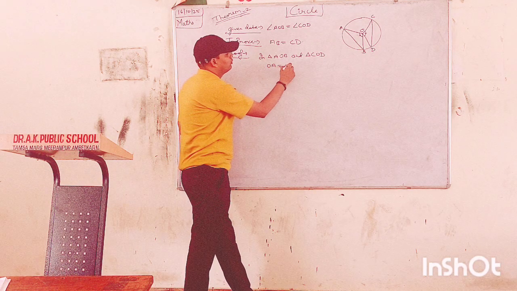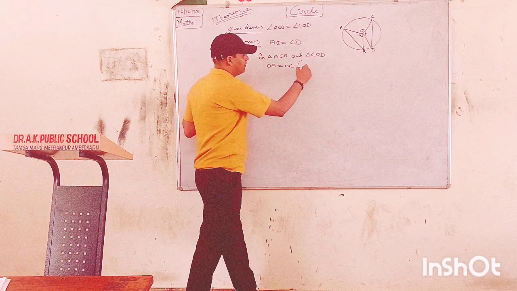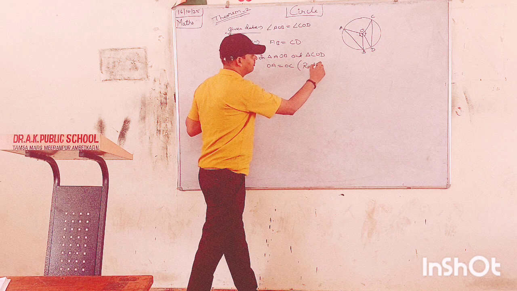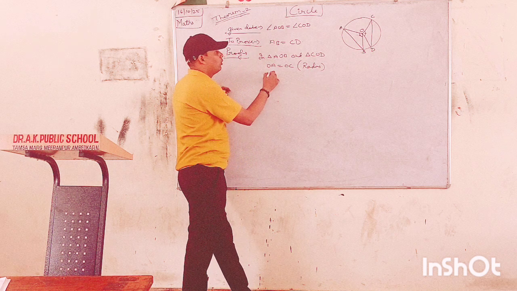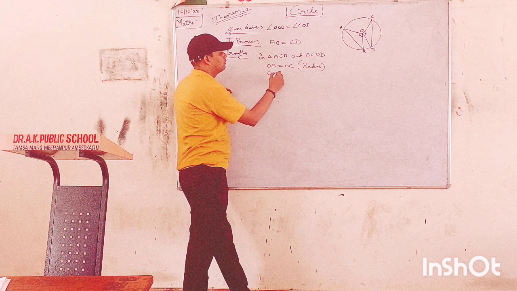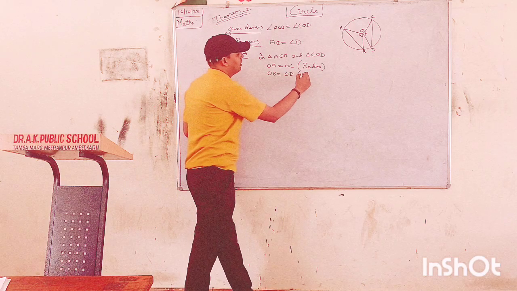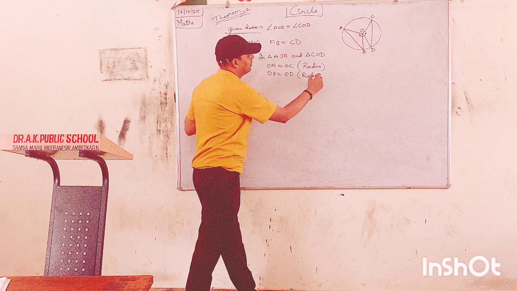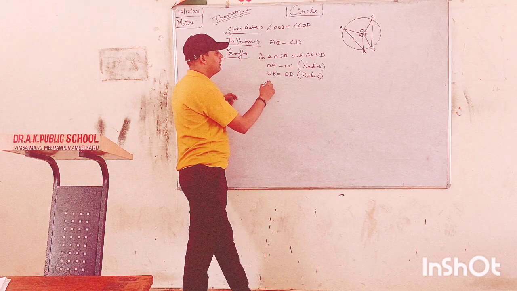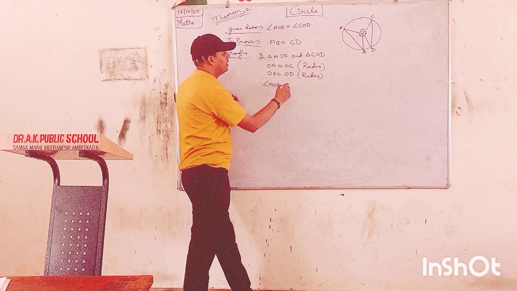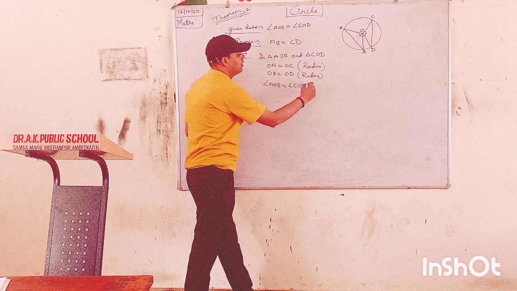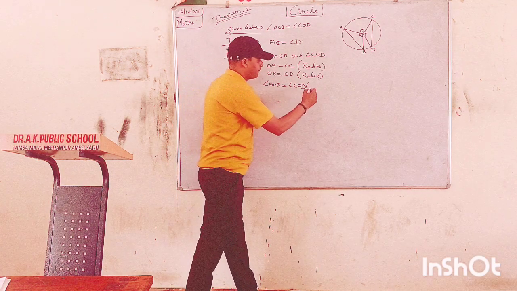OA is equal to OC, radius. OB is equal to OD, again radius, and angle AOB is equal to angle COD. It is given.